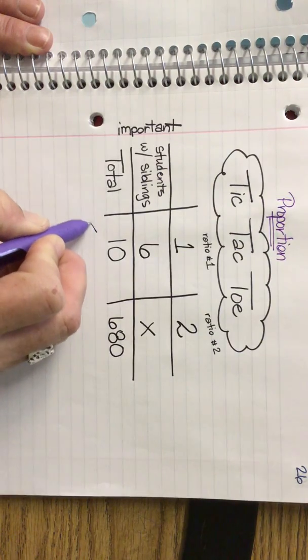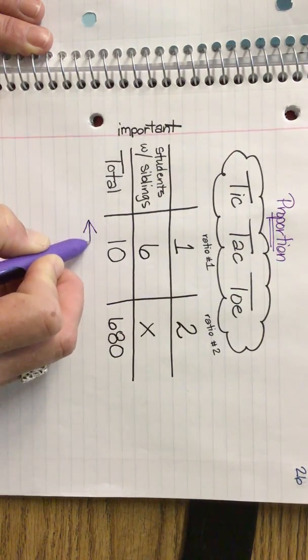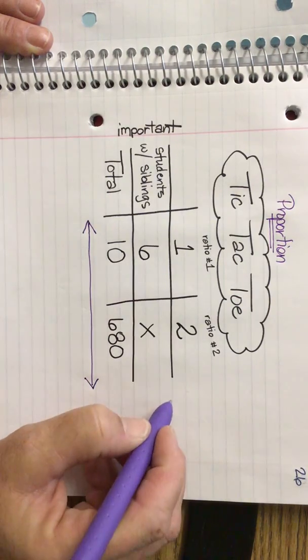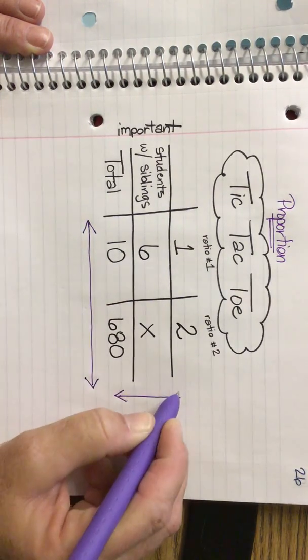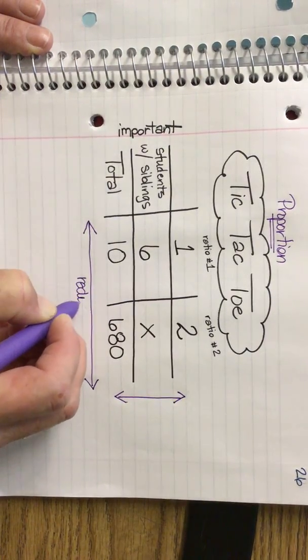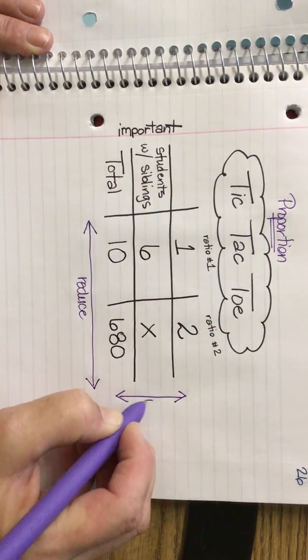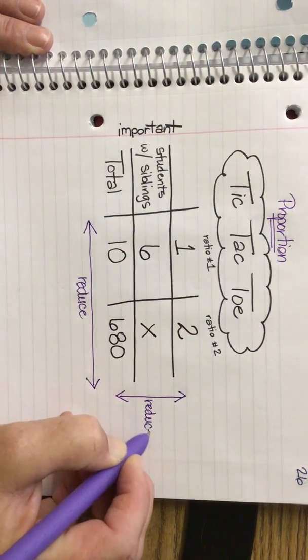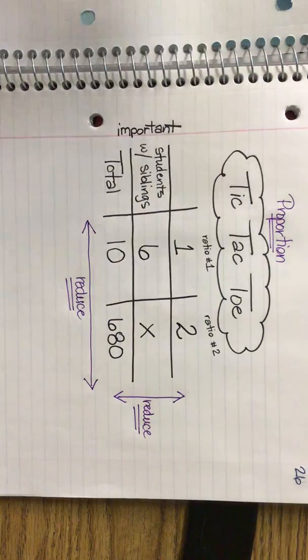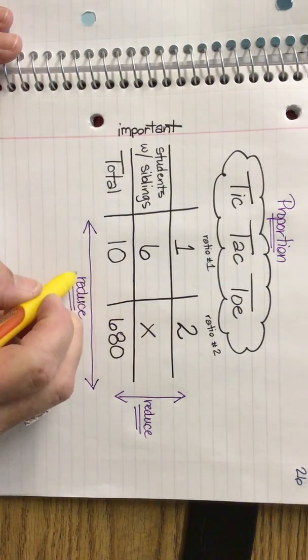Now, one thing that I love about the tic-tac-toe board is you can always reduce numbers, vertically or horizontally. Okay, you reduce. Guys, please reduce. You do not want to work with big numbers because that's how accidents or mistakes happen.